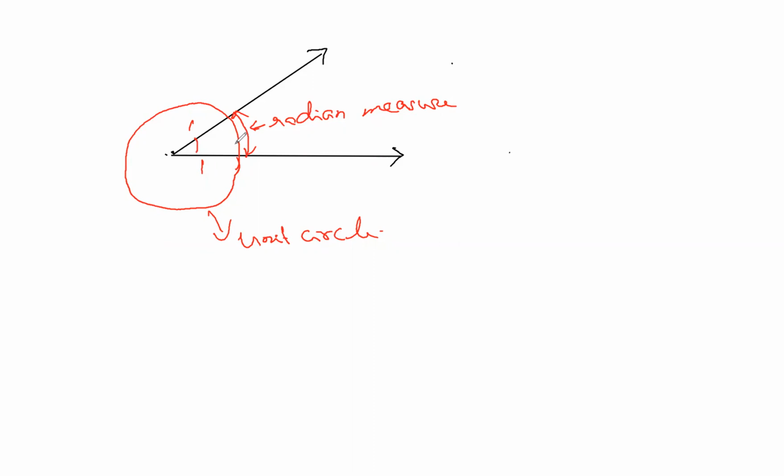If the arc length is 2 units, you will write the angle as 2 radian. So this is a practical way of measuring the angle using the radian measure. So a unit circle we can place like this on any angle and we can measure it. I hope this concept is clear now. Is it clear, Shreya, now? If you can hear.